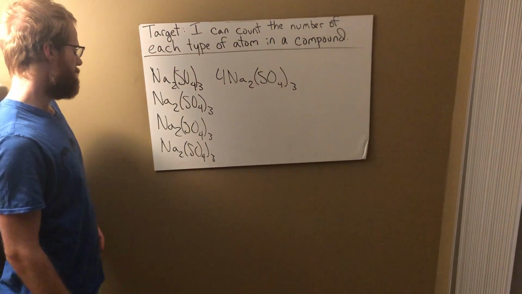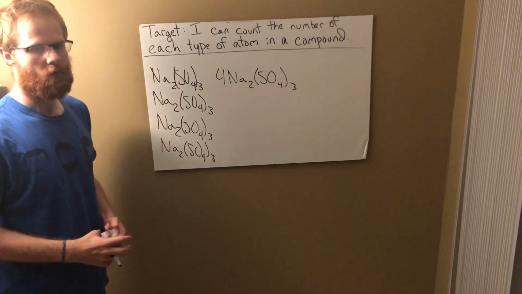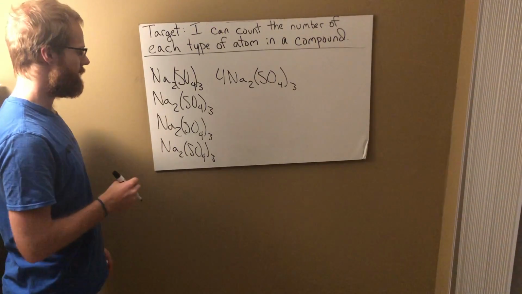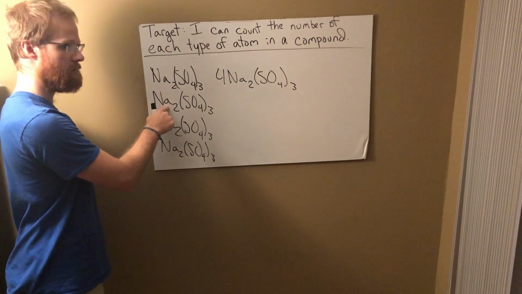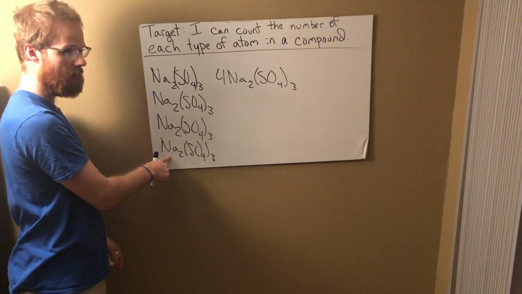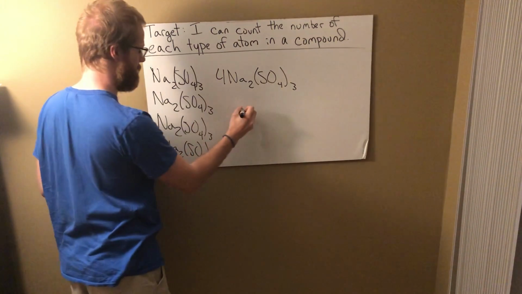All right, so this makes it a lot more manageable, and we can count our atoms much more easily. We've got 2 Na, plus 2 is 4, 6, and 8. So we've got 8 Na.